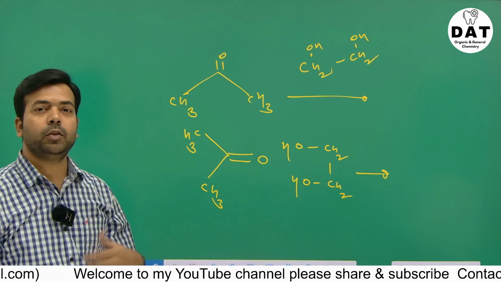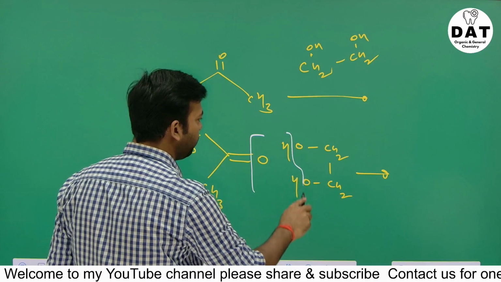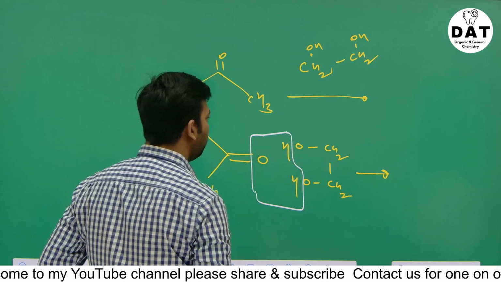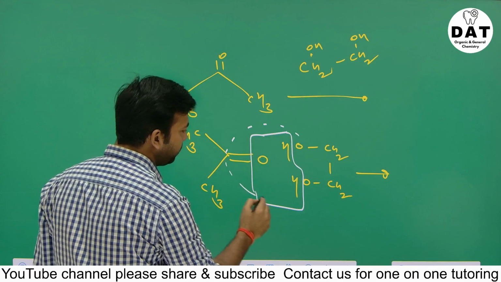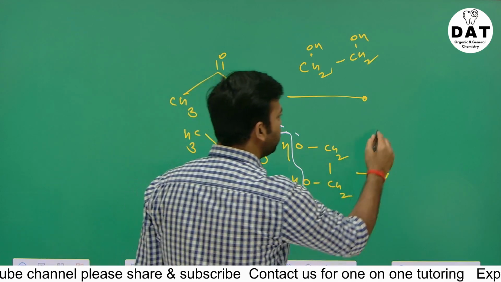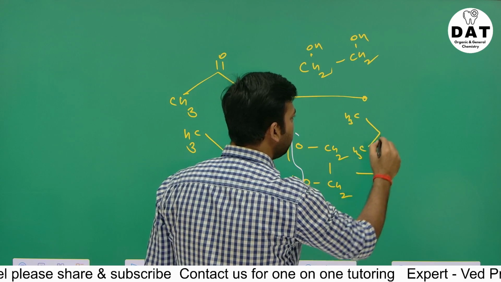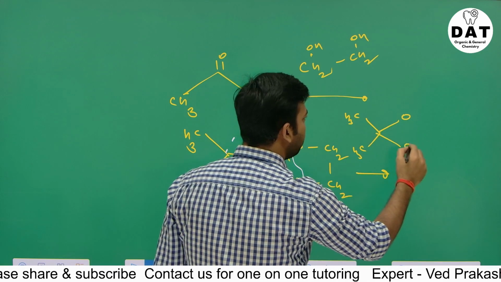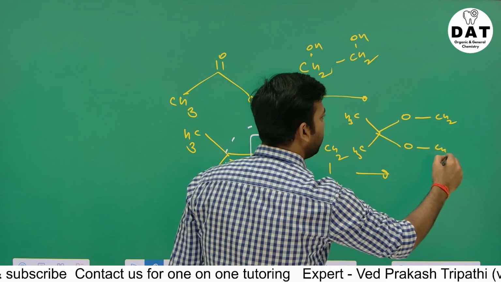Now eliminate the water molecule. So this oxygen and these 2 hydrogens we can eliminate. So what will happen? This carbon is bonded with this oxygen and this carbon is bonded with this oxygen. So simple thing is that CH3, oxygen, and this is CH2, this is CH2, and like this.